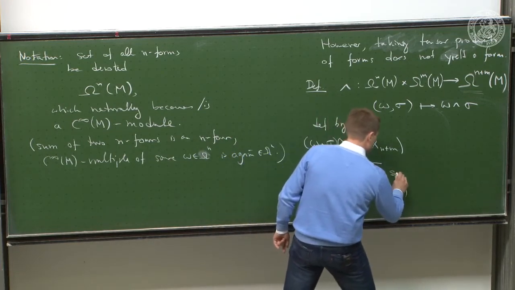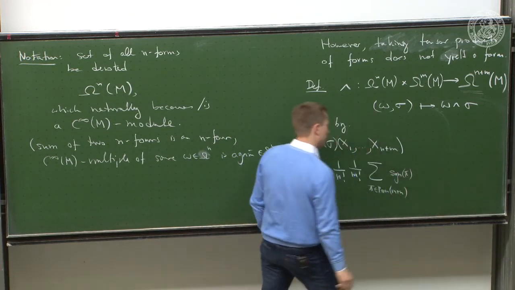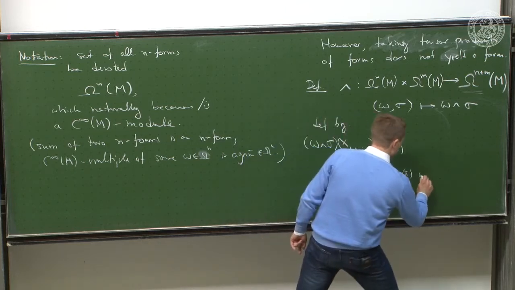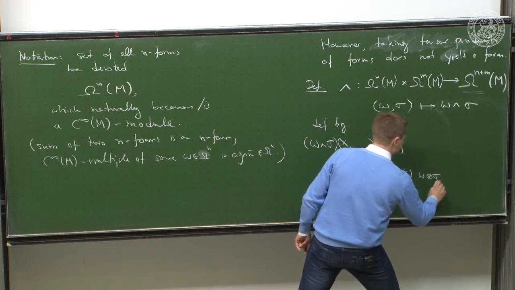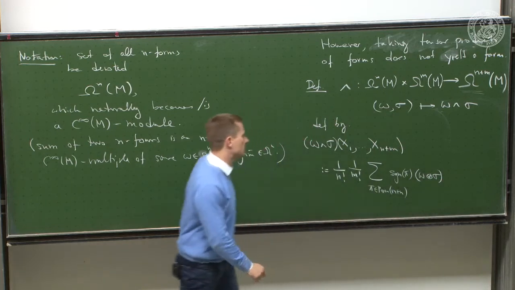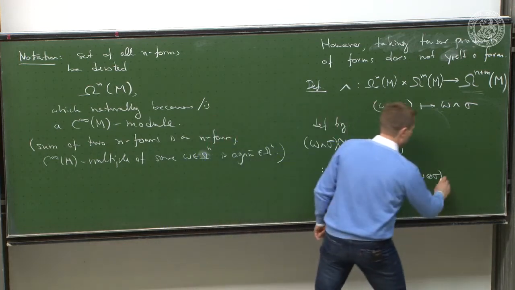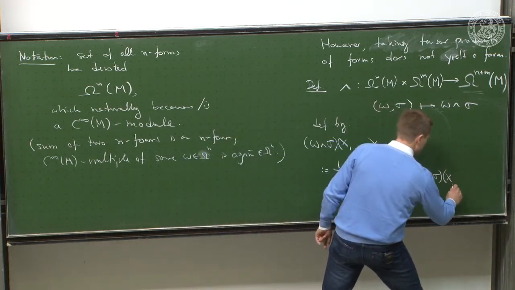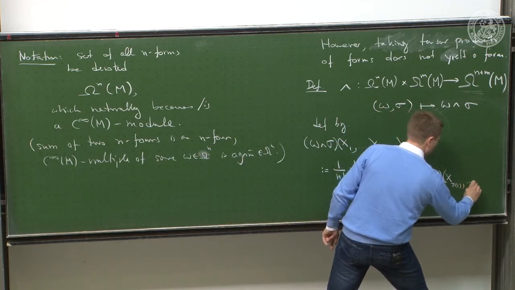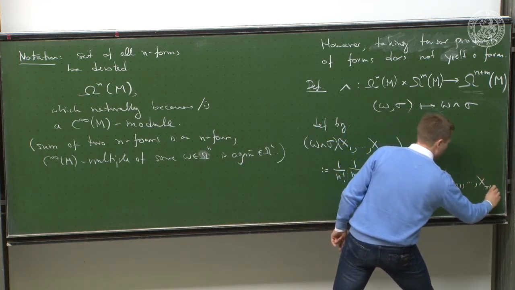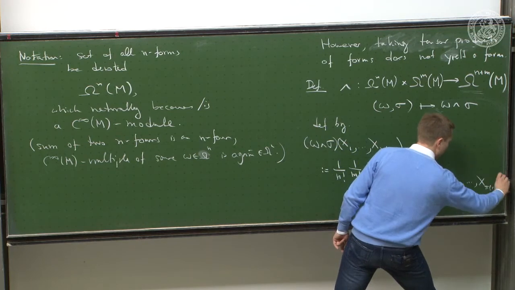Then we introduce a sign of the permutation, and then we simply take omega tensor sigma, we know that guy, and we feed it the X_{pi(1)} down to X_{pi(n+m)}.